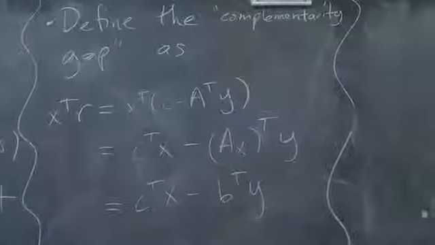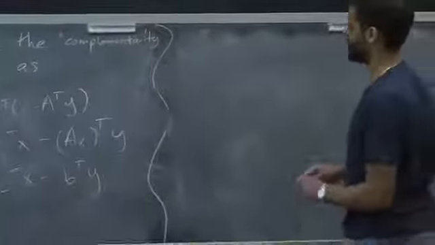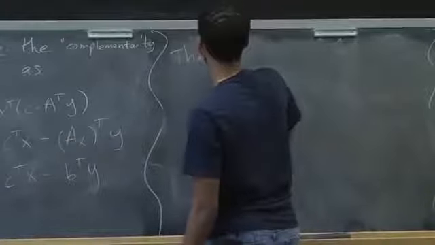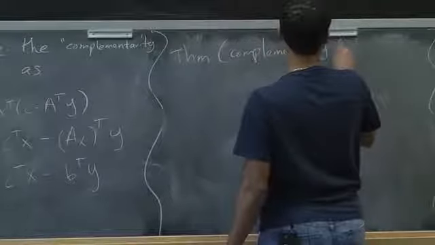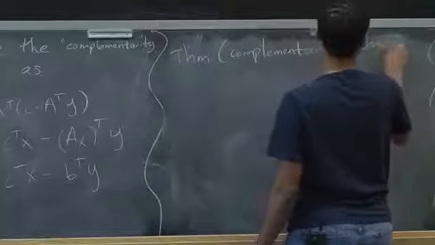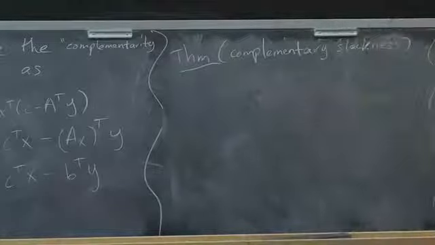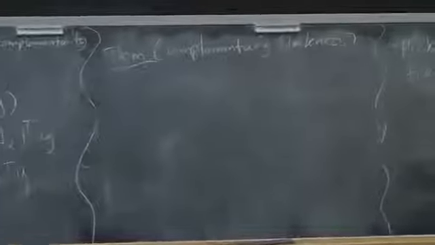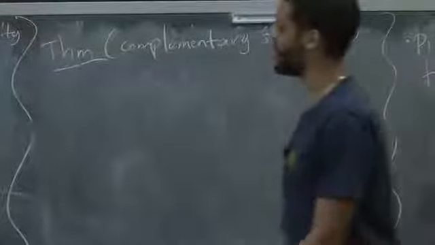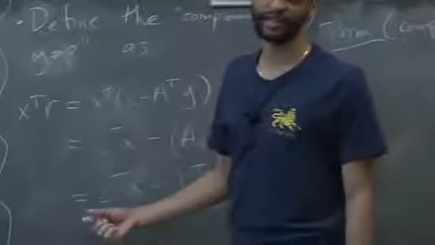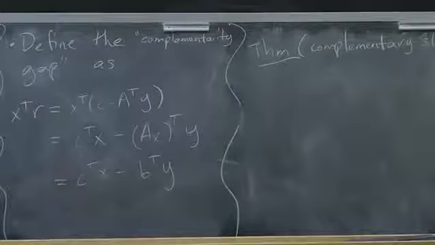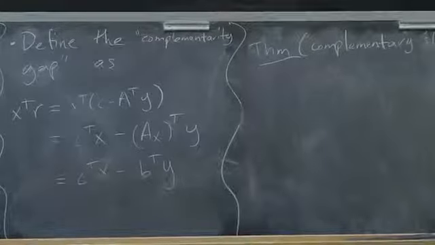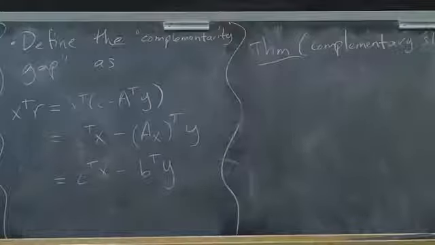So we have a theorem. This is called complementary slackness. If you remember earlier in the course when we were doing online algorithms, I called something approximate complementary slackness, which basically said that if you're not quite at opt, but you almost satisfy complementary slackness, then you can say something about the goodness of your primal solution.